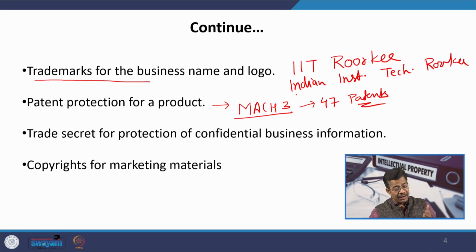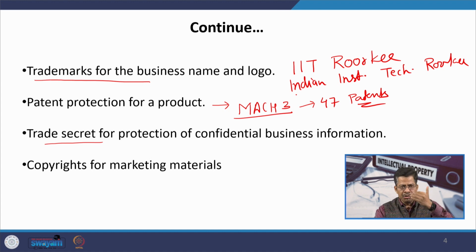Then trade secrets. Many organizations feel that it is very difficult to keep things exclusively under their control, because if you remember, when we were discussing patents, we discussed this very important condition of a patent, that complete disclosure about your invention comes into the public domain.